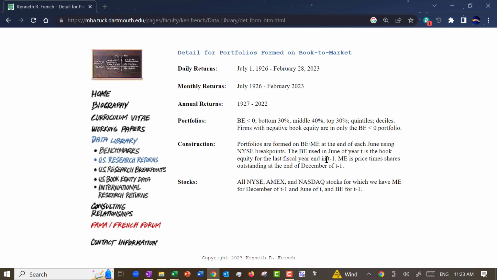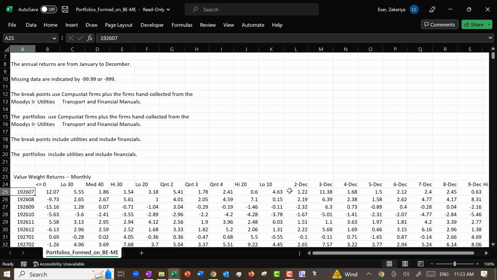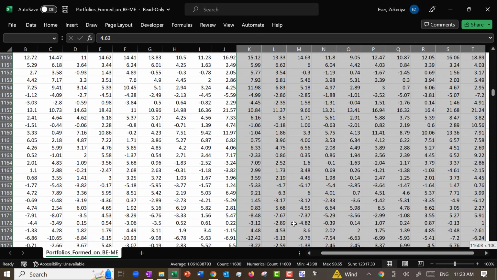Those are the growth firms, because if you're expected to grow a lot in the future, your market value is a lot higher compared to your book value. And the top 10% are the value firms. Those portfolios again are held for a year. Then everything is resorted.